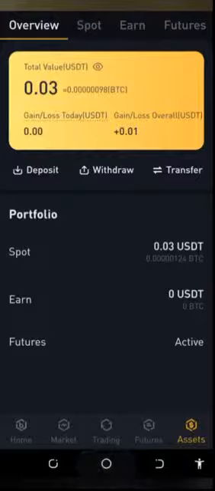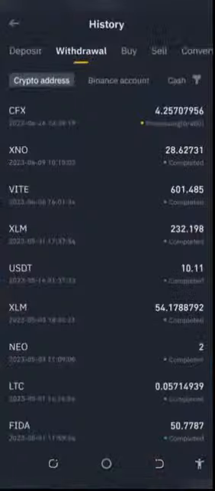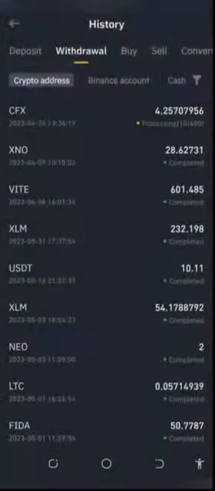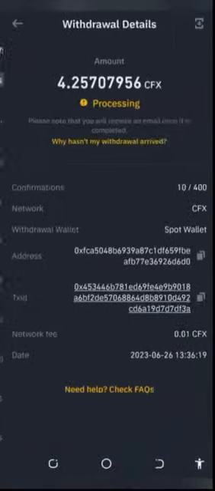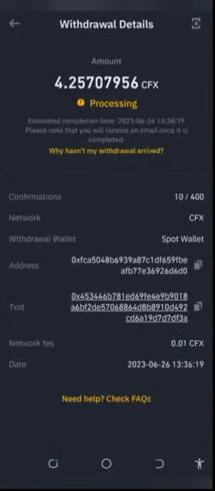Currently, it's still looking like it's processing. We've gotten 10 out of 400 confirmations. Interesting. I don't know how long this is going to take. No idea, right? Let me click on this to see what's going on currently. Well, this is what happens when you're trying to send money through networks.